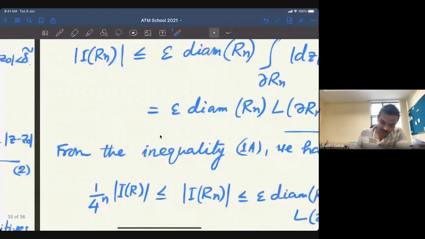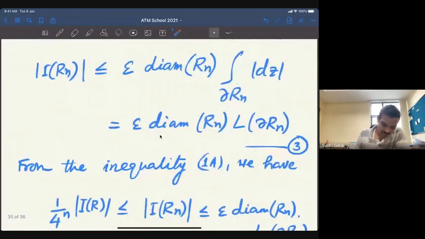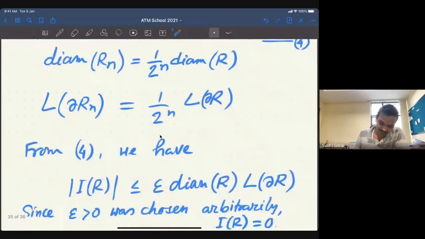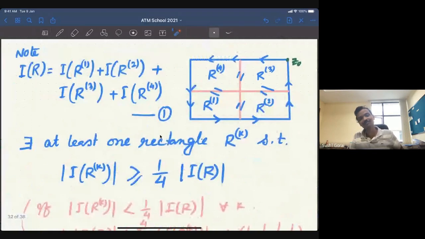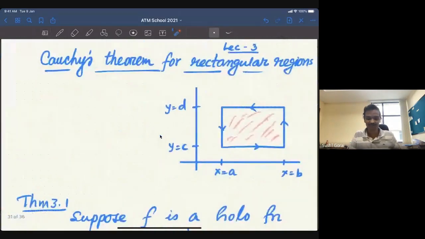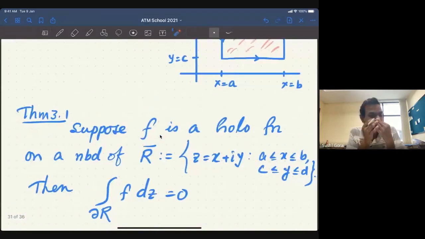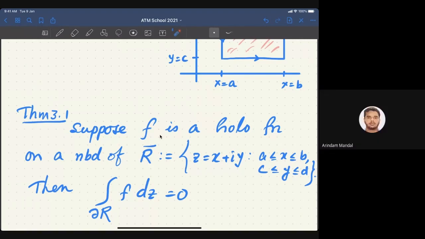All right. So this nice technique was developed by Goursat, and the point is, what was the definition of holomorphicity you have chosen? Did you assume continuously differentiable? No, differentiable at open set.